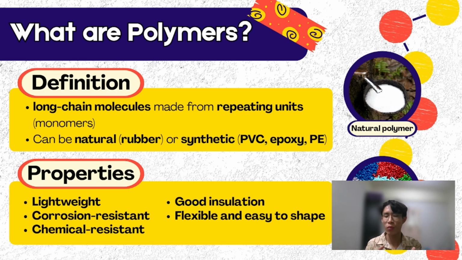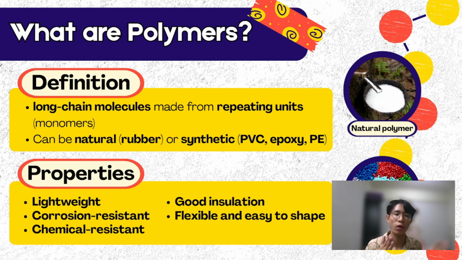Before we introduce the applications, we need to recall some basic ideas of what a polymer is. Polymers are long-chain molecules made from repeating units, and they can be natural or synthetic.